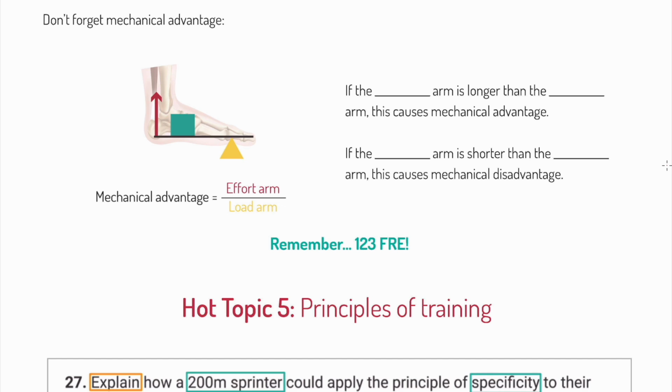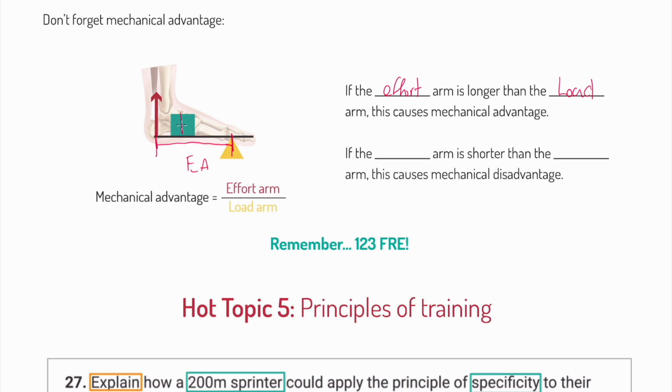Okay, don't forget your mechanical advantage, folks. This is really, really important for you, okay? So just remember these things. If the effort arm, and I'll quickly confirm what that is for you, if the effort arm is longer than the load arm or resistance arm, this causes mechanical advantage, okay? So let me just be clear. This here, from this point, perpendicularly to this point, that is the effort arm.